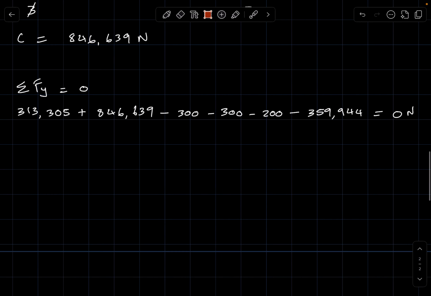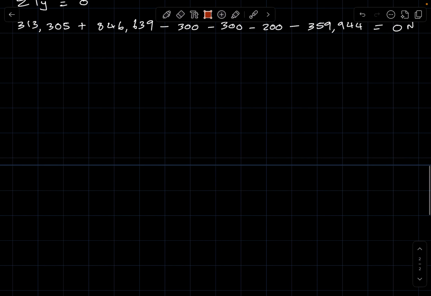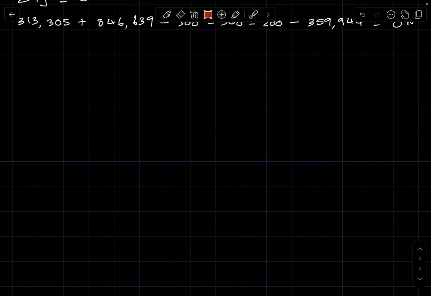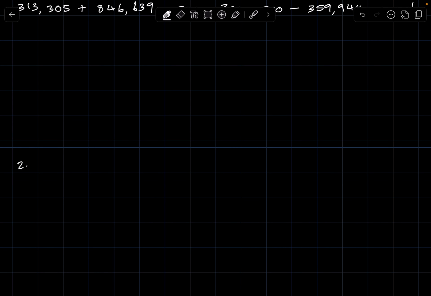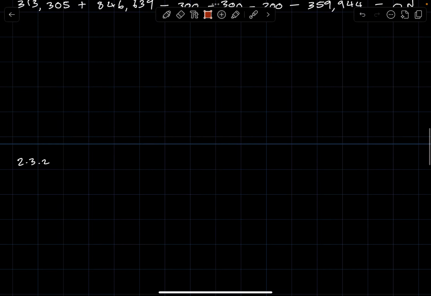Now in drawing the shear force diagram, this is 2.3.2.